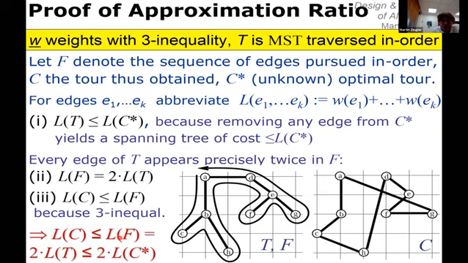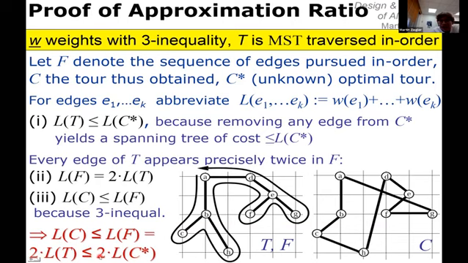Then comes equality number 2: the total weight of these edges as they are pursued in the graph traversal is precisely twice the total weight of the edges in the minimum spanning tree, because every edge in this tree is pursued precisely twice. And finally, inequality 1 says that the cost of this minimum spanning tree is at most the cost of an unknown optimal tour, and therefore twice the cost of this is at most twice the cost of that.